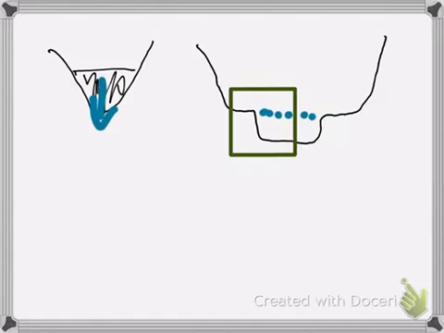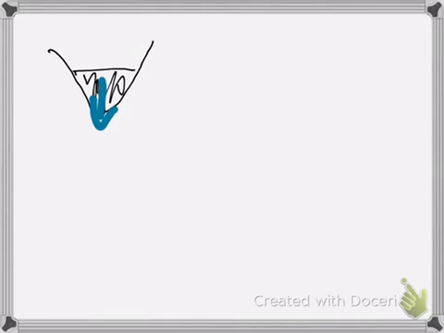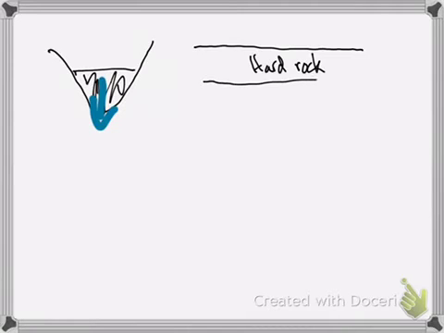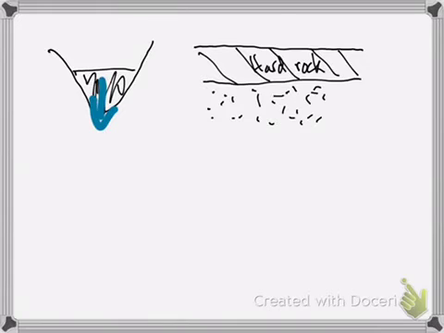So how do we get a waterfall? Let me quickly show you. Imagine that there's this hard layer of rock right at the top, that's our hard layer, and underneath that we have a soft layer of rock.